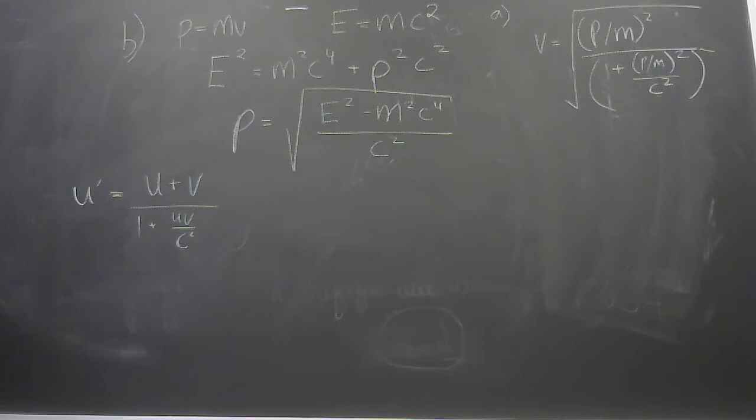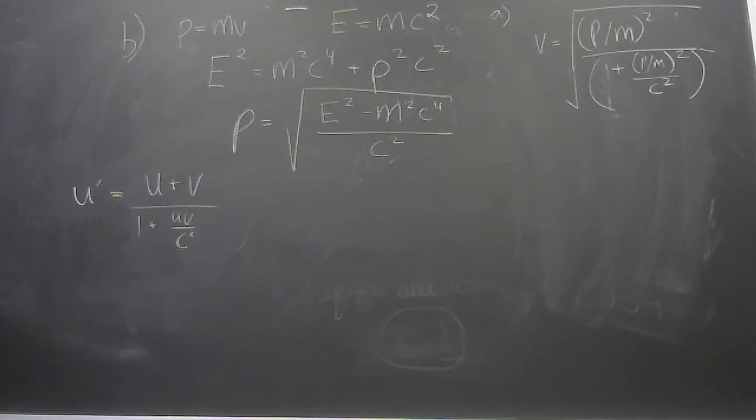So this is relativistic velocity addition. You have an object relative to another one, and you need to make one of them serve as the stationary object, and then you can compare them through this expression.